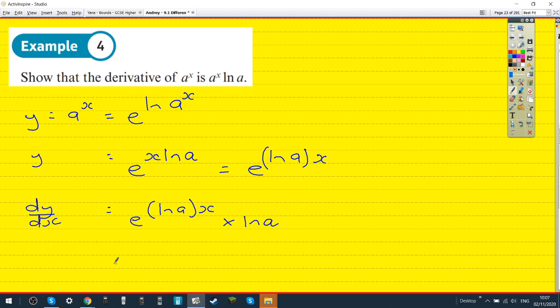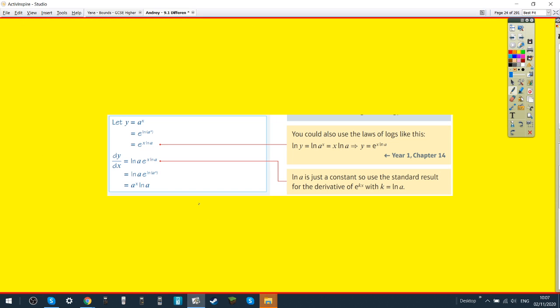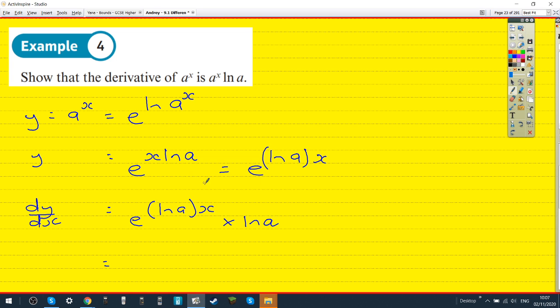So e to the ln a, and then you just bring this x back to where it was in the power, and then e to the ln goes back to being that. a^x ln a, and that's just proving where it comes from.